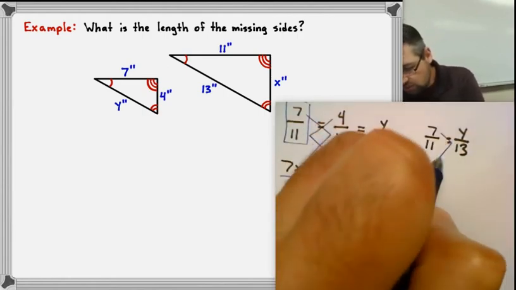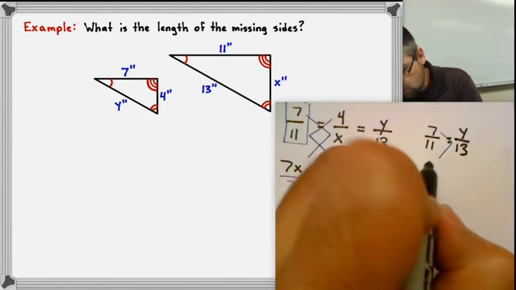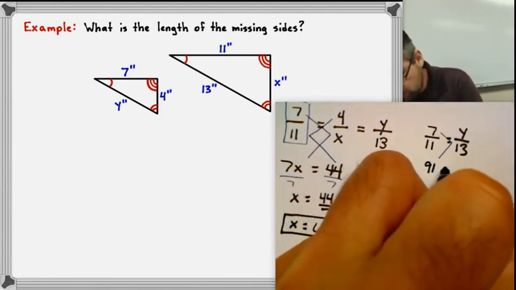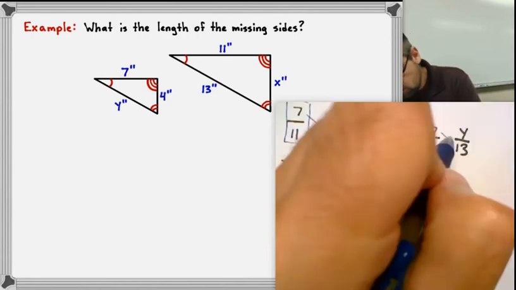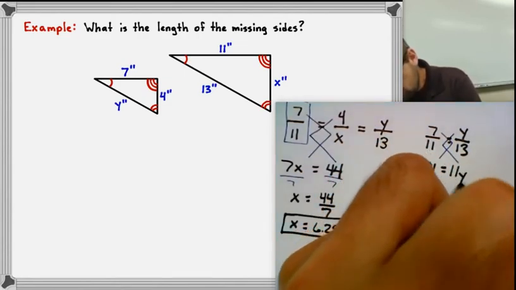So 7 times 13 is going to be, 7 times 10 is 70, 7 times 3 is 21, so that's going to be 91, and then equal to 11 times y, which is 11y.